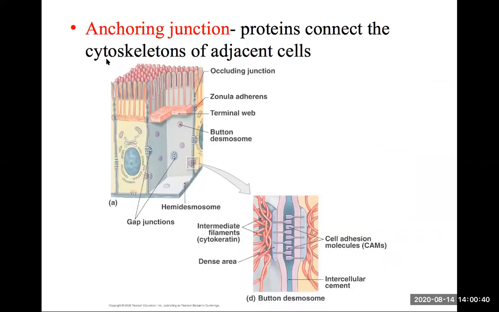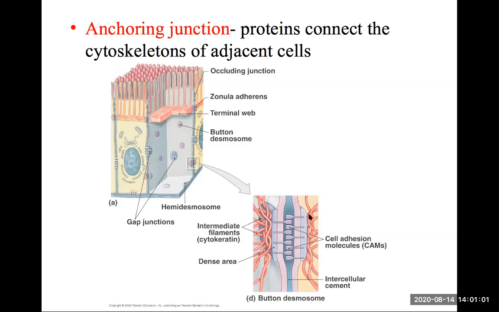The second is what's known as an anchoring junction, which is again a way of holding two cells close together. But this is really strong because the proteins that connect are actually working through the cytoskeleton. So remember the cytoskeleton, those are the proteins inside the cell.